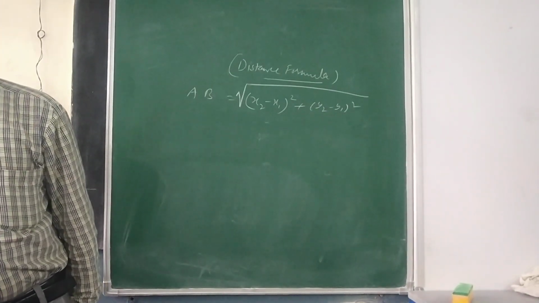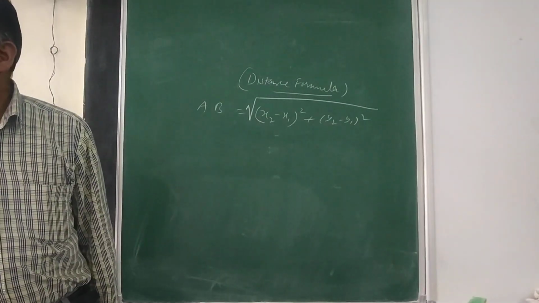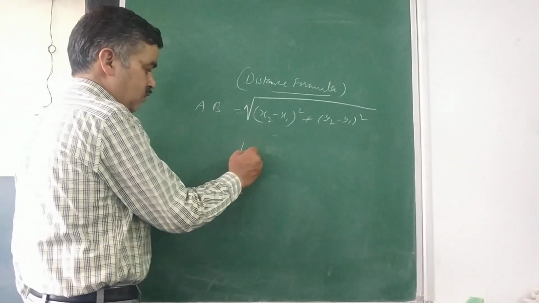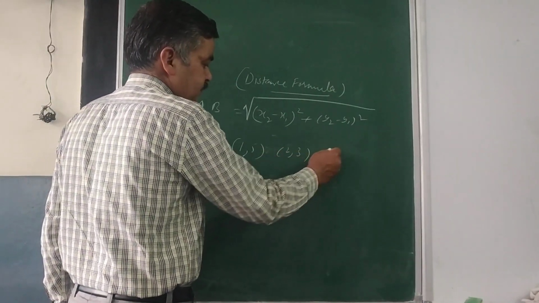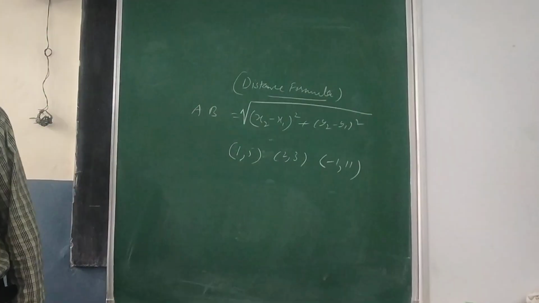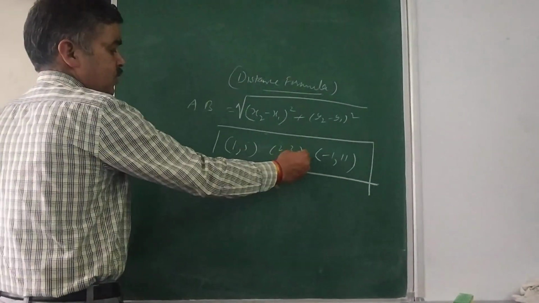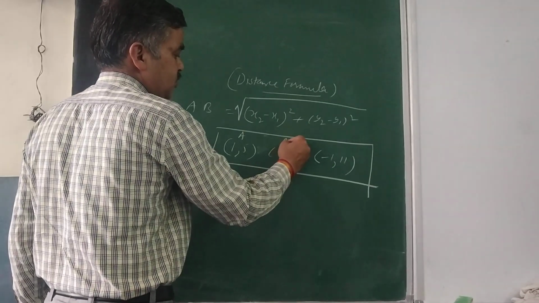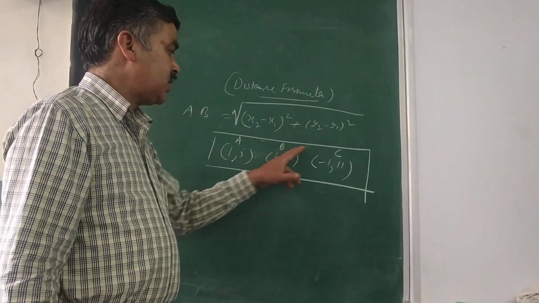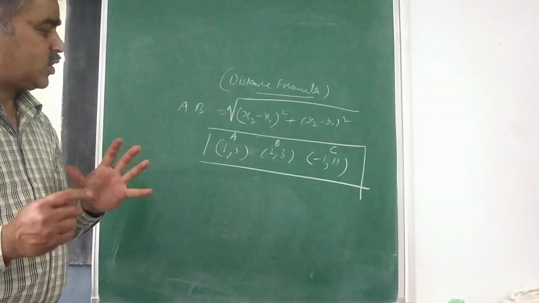The third question is very important from the understanding point of view as well as from the examination point of view. Determine whether the points 1, 5, 2, 3 and minus 1, 11 are collinear or not. So I have to check whether this set of points, suppose this is point A, this is point B and this is point C, are collinear. The coordinates of A are 1 and 5, of B are 2 and 3, of C are minus 1 and 11. And I have to verify whether these are collinear or not.